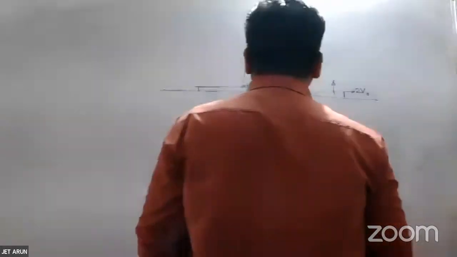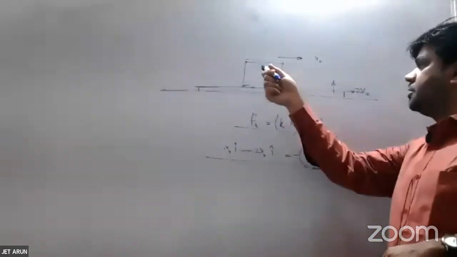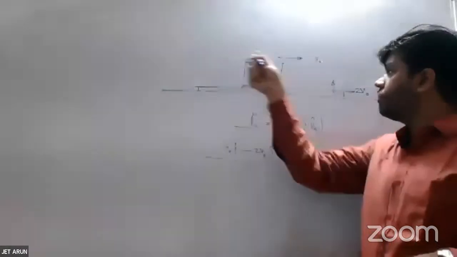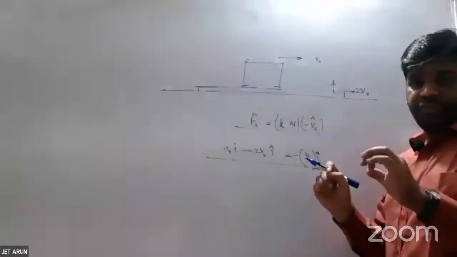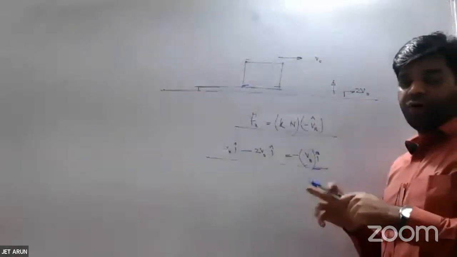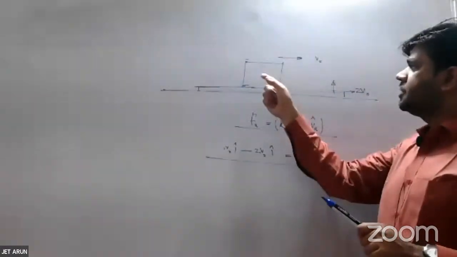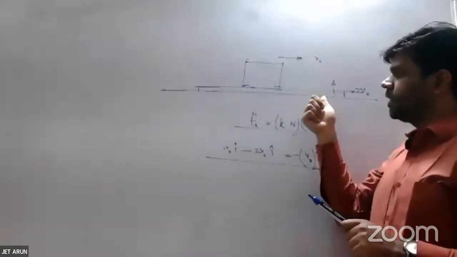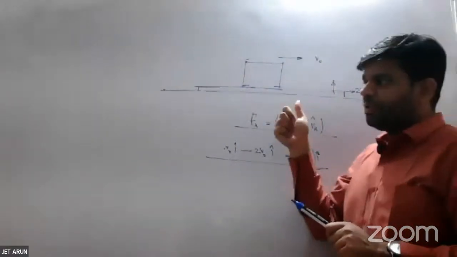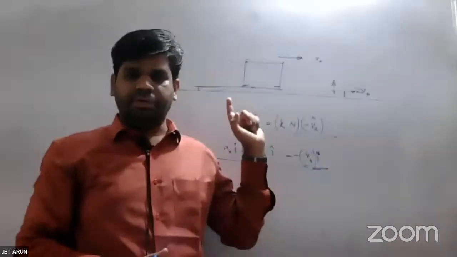That means if I stand on the plank and observe this particle, it will seem to move towards the left with velocity v naught. Doesn't matter with what velocity it seems to go, but what matters is whether it is moving towards the left or towards the right. If the particle seems to move towards the left with some velocity, the friction is towards the right. If the particle seems to go towards the right with respect to the surface, then friction is towards the left.